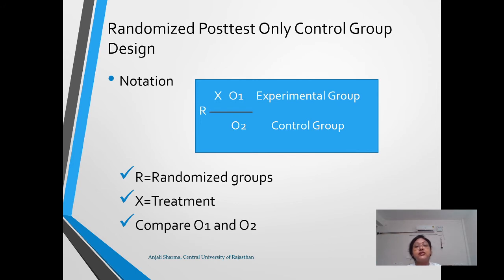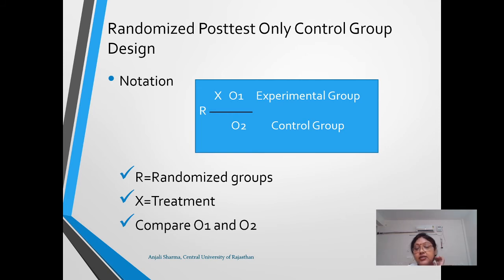Randomized post-test only control group design means that it is not a single group design. Two kinds of groups will be there: the experimental group and the control group.